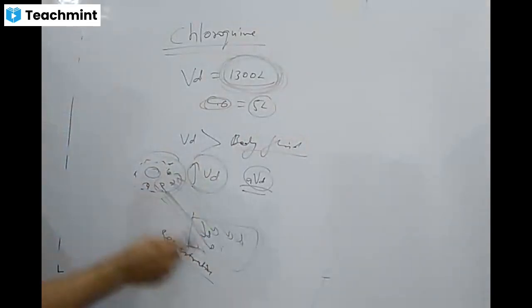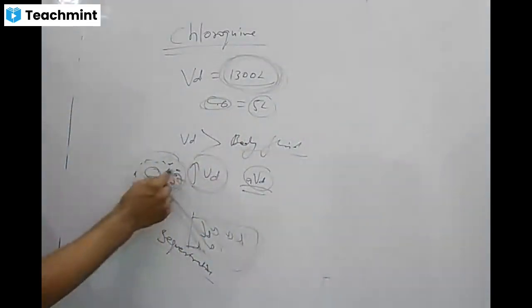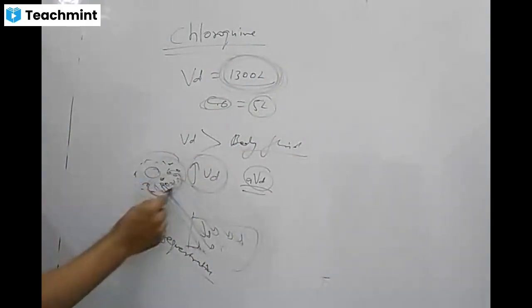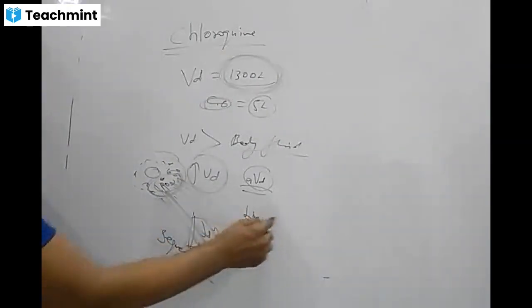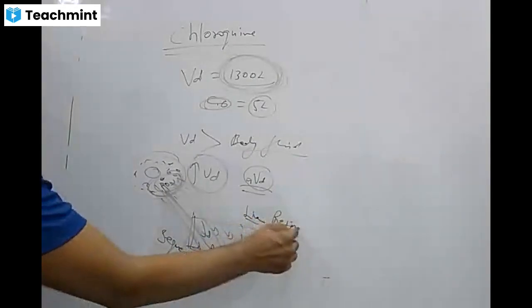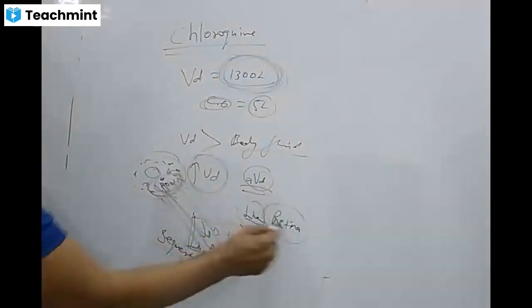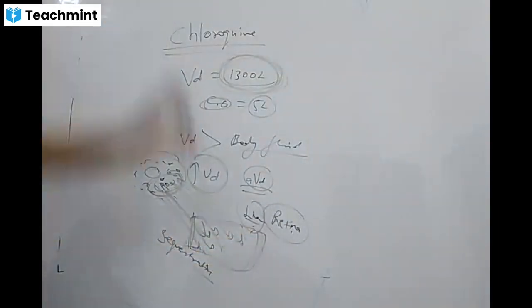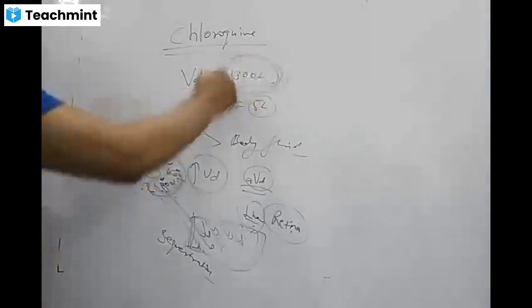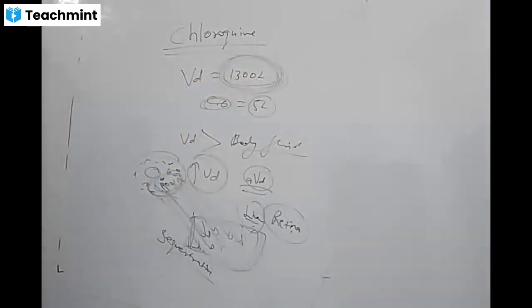This is the meaning of sequestration, where the drug is highly lipid soluble, it leaves the blood compartment, and having high affinity it enters tissues like the liver, or it may have affinity for the retina. So liver or retina and other organs apparently give you the 1300 liters. So more VD means more distribution into the tissues.